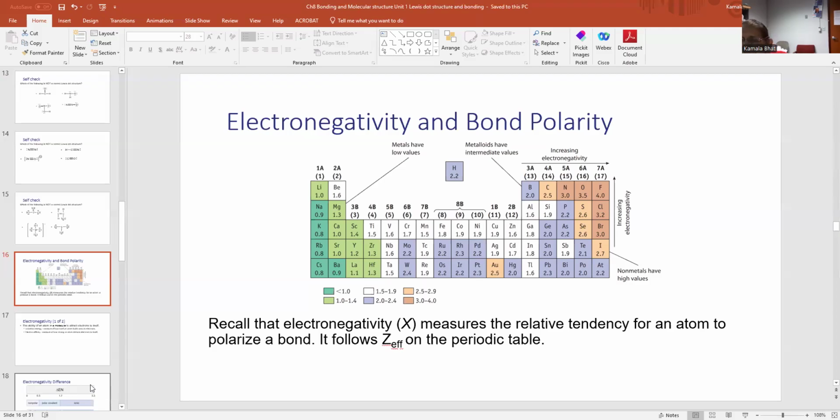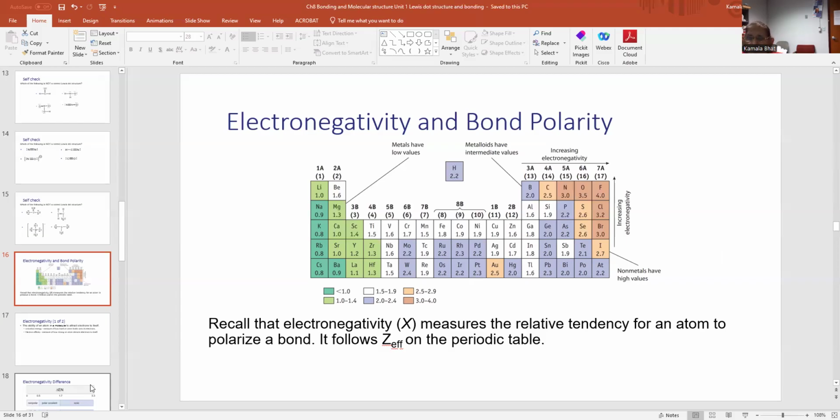If it is shared, then generally the sharing of electrons is unequal, unless both the atoms are of the same type, not only the same group but the same element itself. Then there is no difference in polarity; otherwise, because of the difference in polarity, you will see a polar bond.